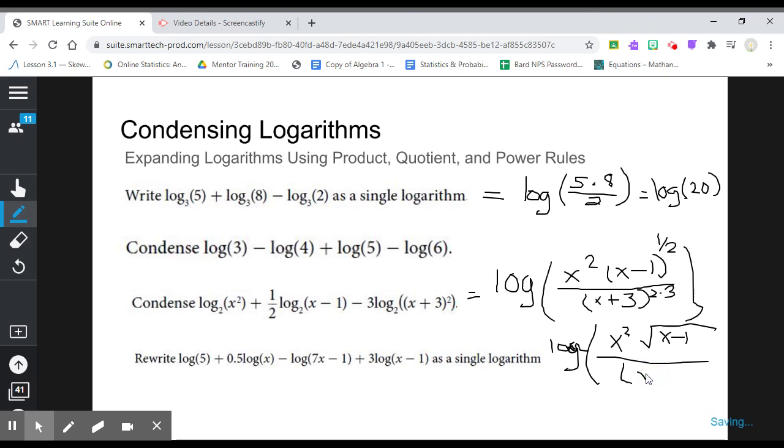So it's x plus 3, and I'm going to just go ahead and multiply, raised to the 6th power. And I close my parentheses. So now I only have one log term. I went from 3 log terms to 1. And I apologize for that ugly log. So now I want you to try the second and fourth.